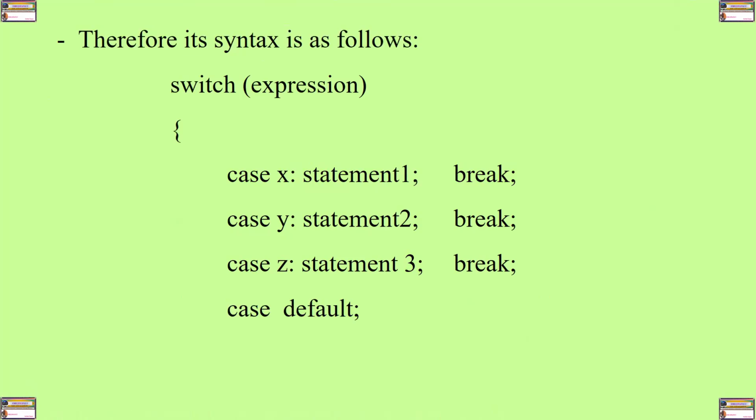Otherwise, if the expression does not evaluate to x or to y or to z, then the default statement is the one which will be displayed, and that marks the end of the switch structure.